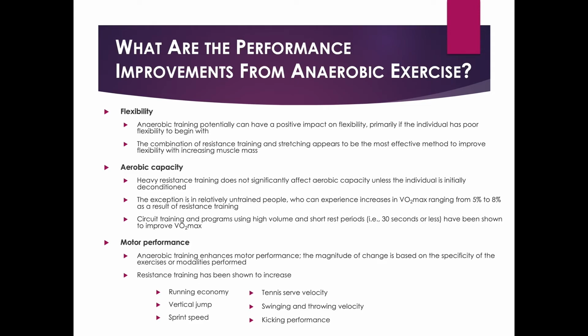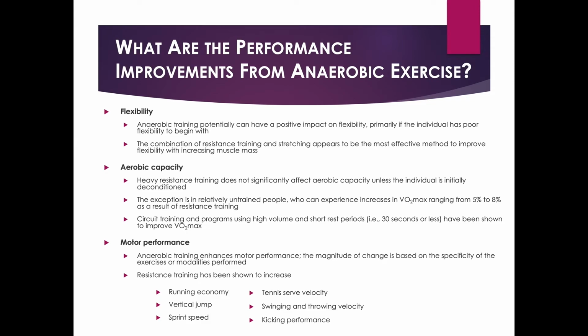You've got motor performance. As anaerobic training enhances motor performance, the magnitude of change is based on the specificity of exercises or modalities performed. You can see resistance training has been shown to increase all the following. Basically, we talked about the neural adaptations. You're getting a neural adaptation from resistance training, but overall, your neural system is getting better in general.